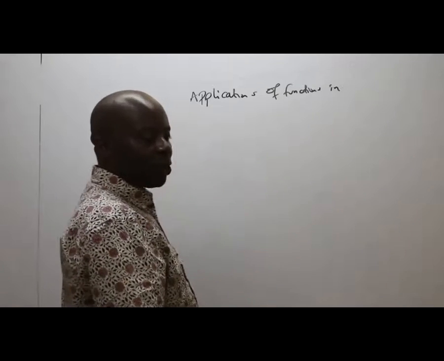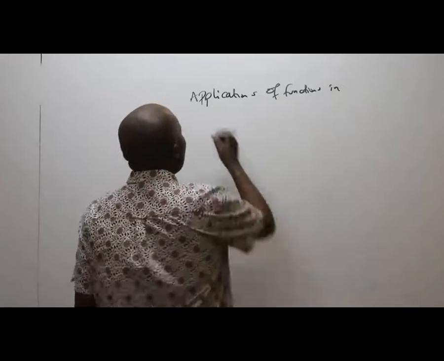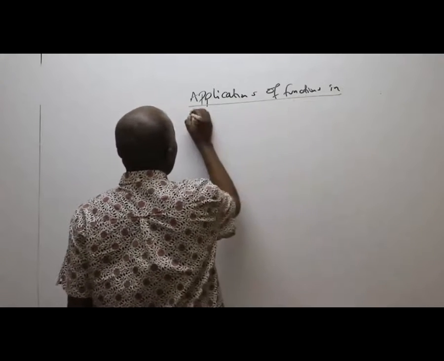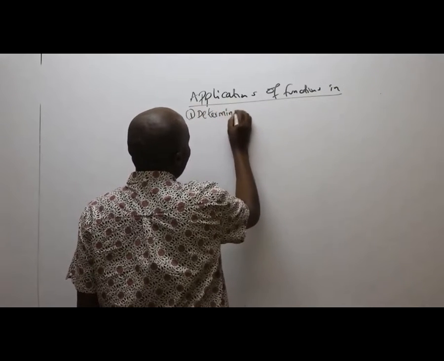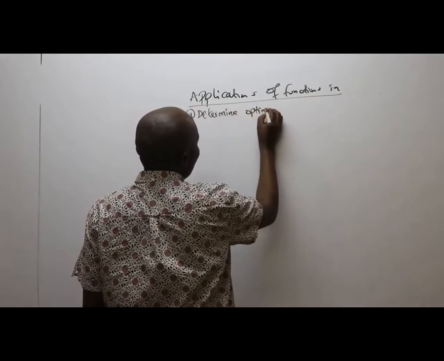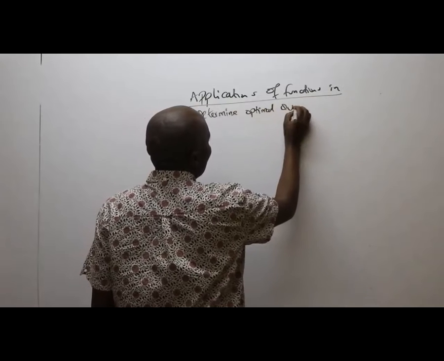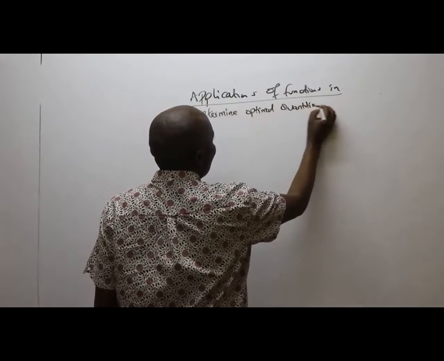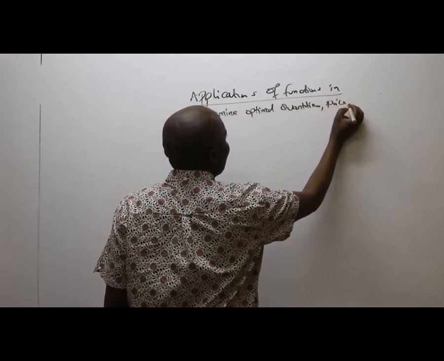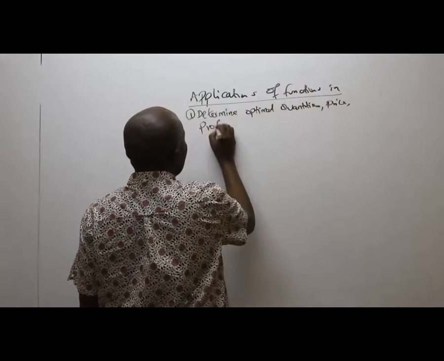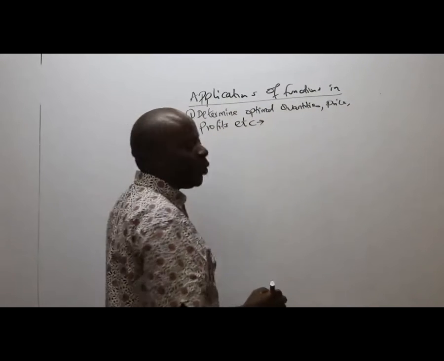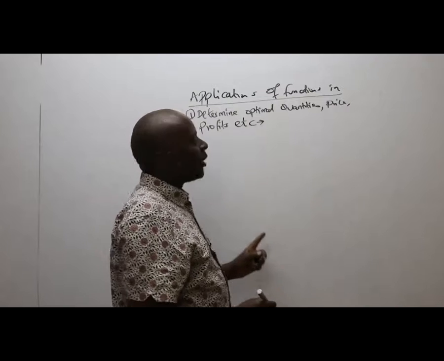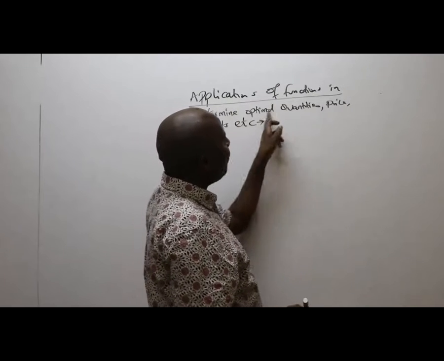So applications of functions in the business world, number one is to determine optimal quantities, prices, profits, etc. Ladies and gentlemen, remember we normally use these functions to determine the very best.